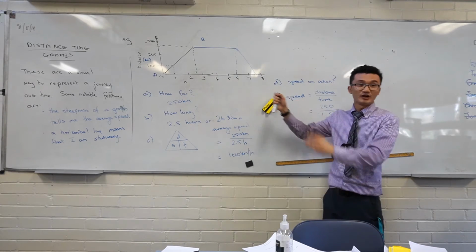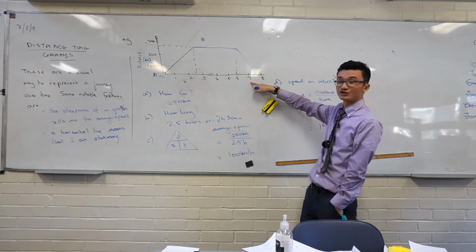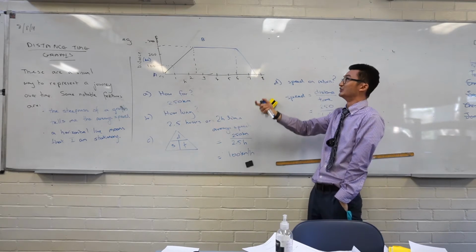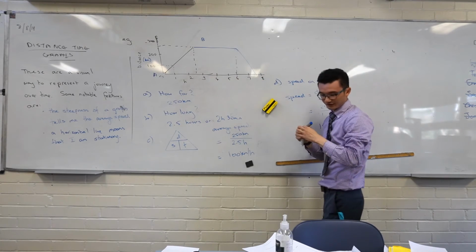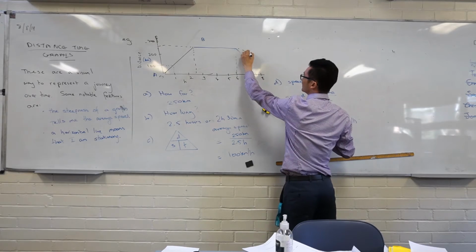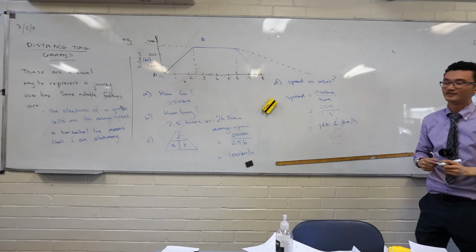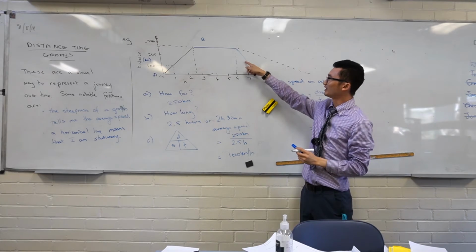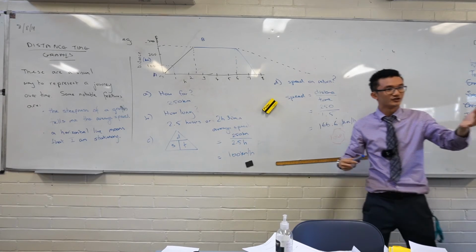Well, think about it like this. If I'm taking less time to do that, let's say I was driving really slowly, I'm taking my time, it would look something like this. I'll use a different color, black. If I was taking my time, which one's steeper? Yeah, this one's steeper here. So the steeper a line is, the faster your speed.